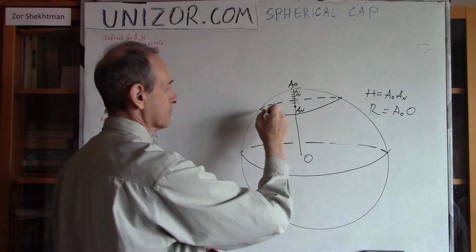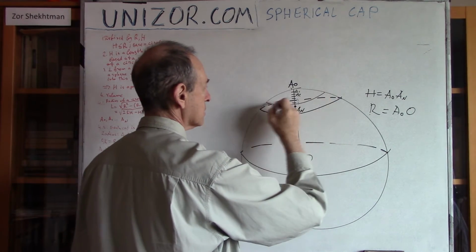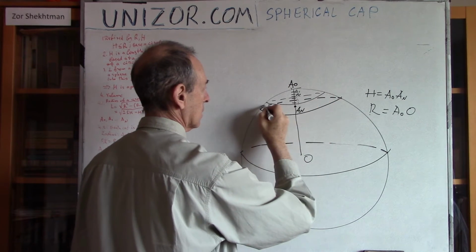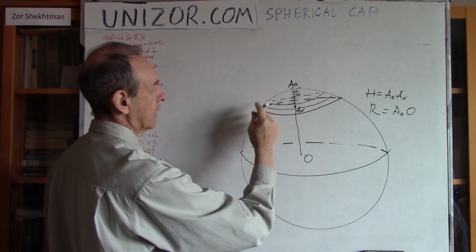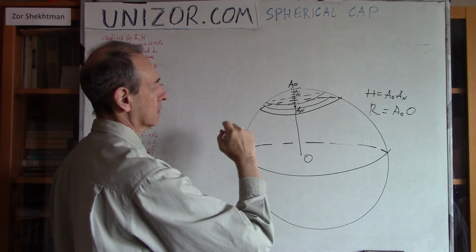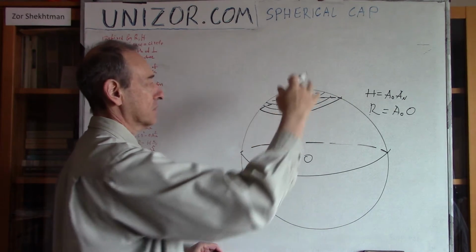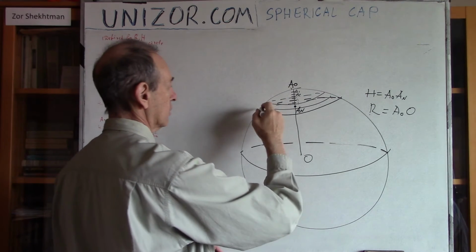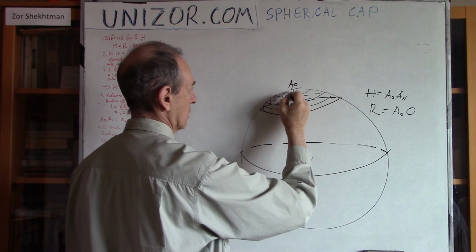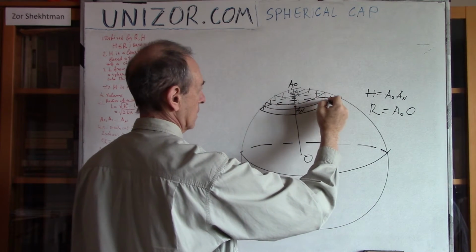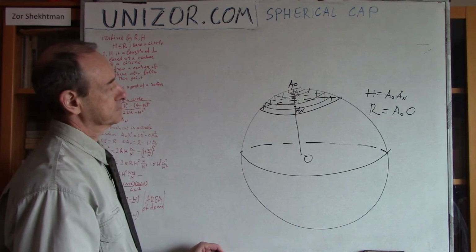Now I will cut the plane through each of these points, and I will replace this spherical cap with a set of cylinders stacked on each other. Okay?